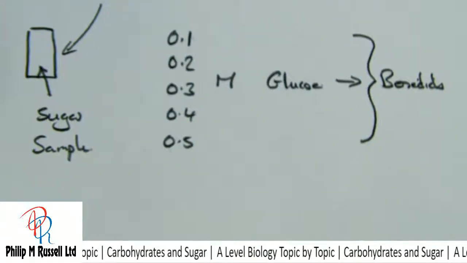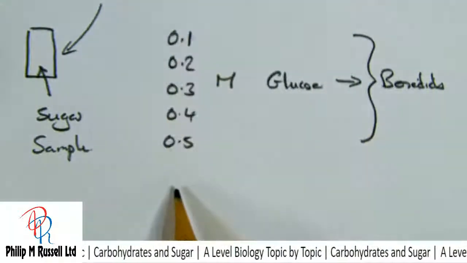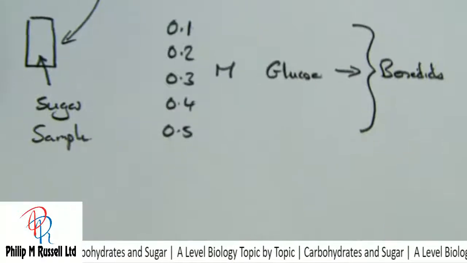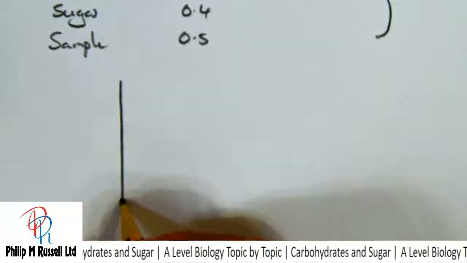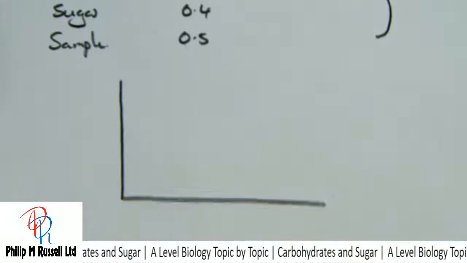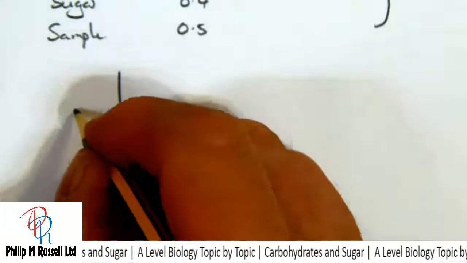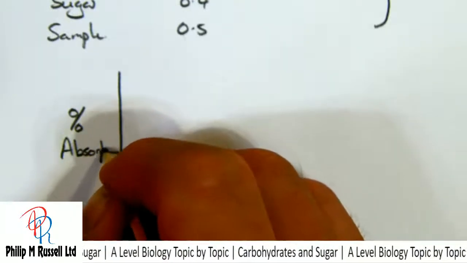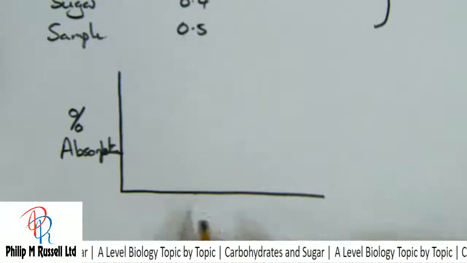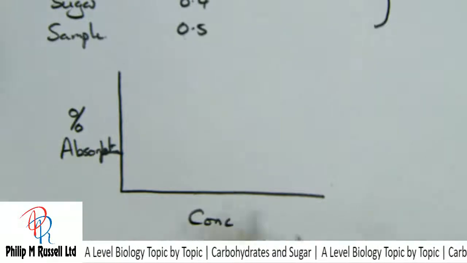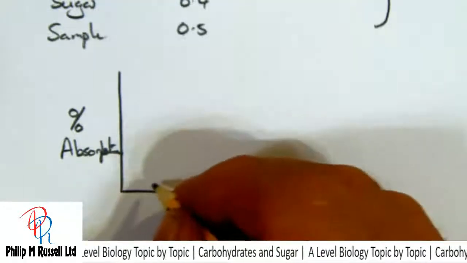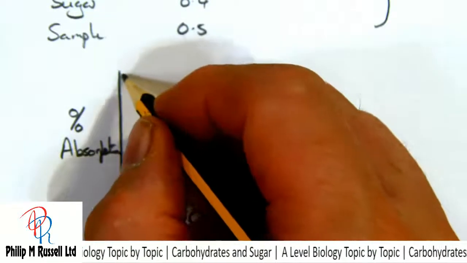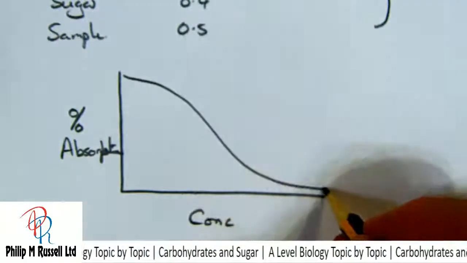Now once we've done the Benedict's test here, and I don't know what the values of those are really going to be because it depends so much on this sugar, what we can then do is plot a graph of the absorption, and I've got the concentration of my sugar here, and if it's going to be absorption, it's going to be a graph that's probably going to look more like this.